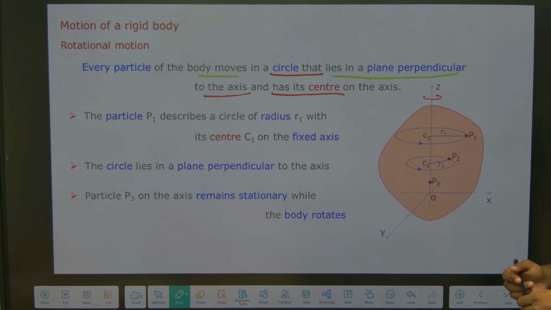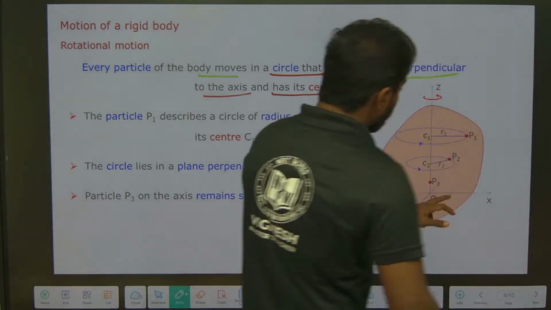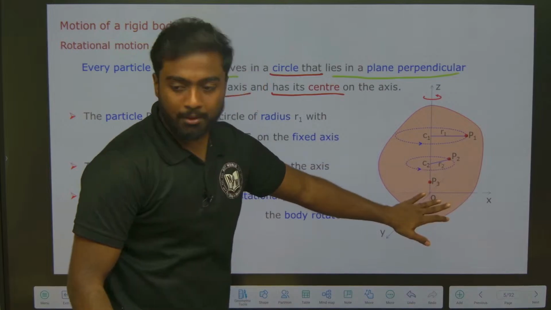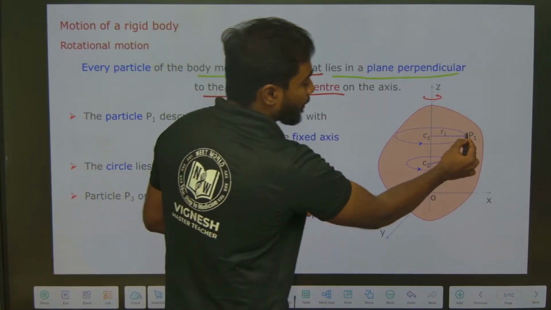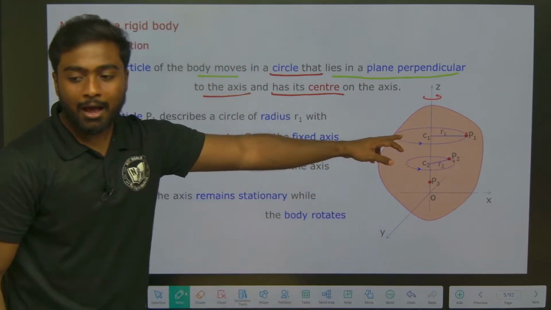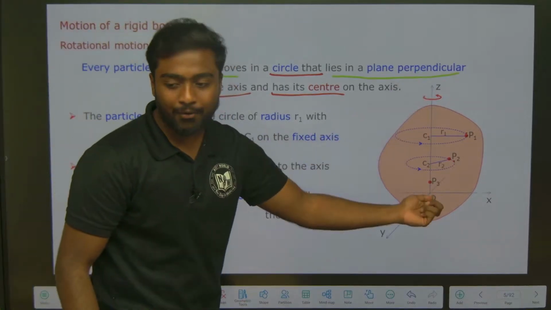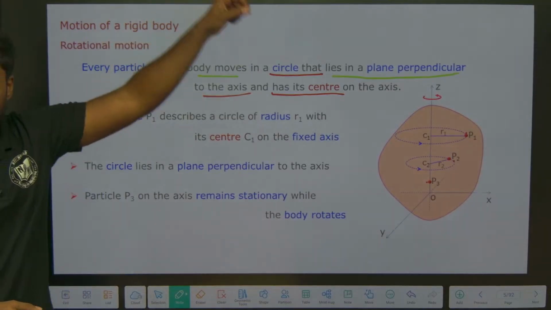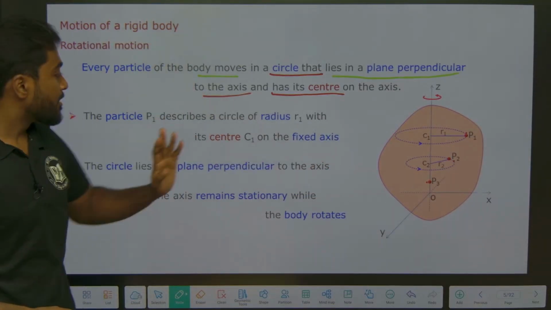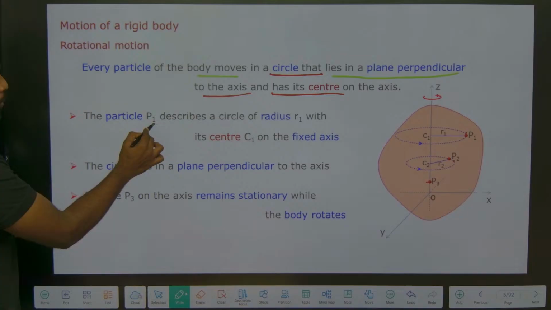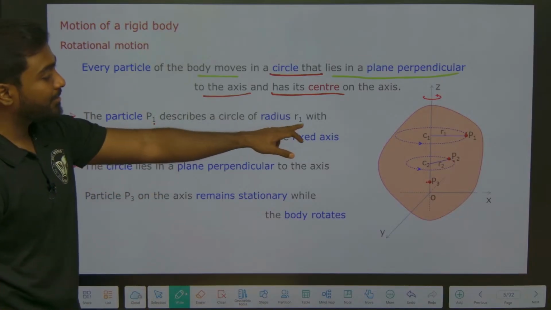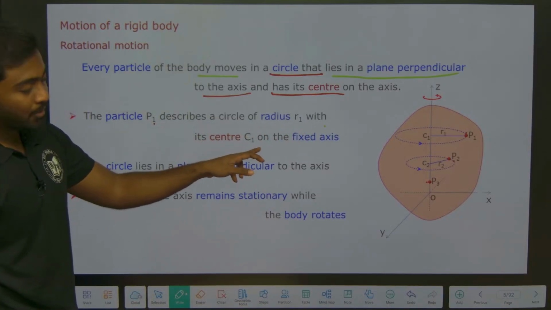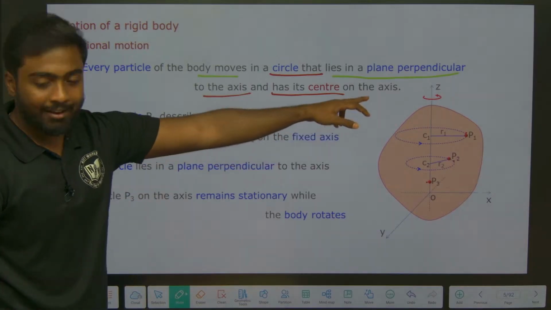Okay, and the second point, here we have considered particles 1, 2, 3. Particles 1 and 2 are at distances r1 and r2 from the axis, whereas particle 3 lies exactly on the axis. So particle P1 describes a circle of radius R1 with its center C1 on the fixed axis.